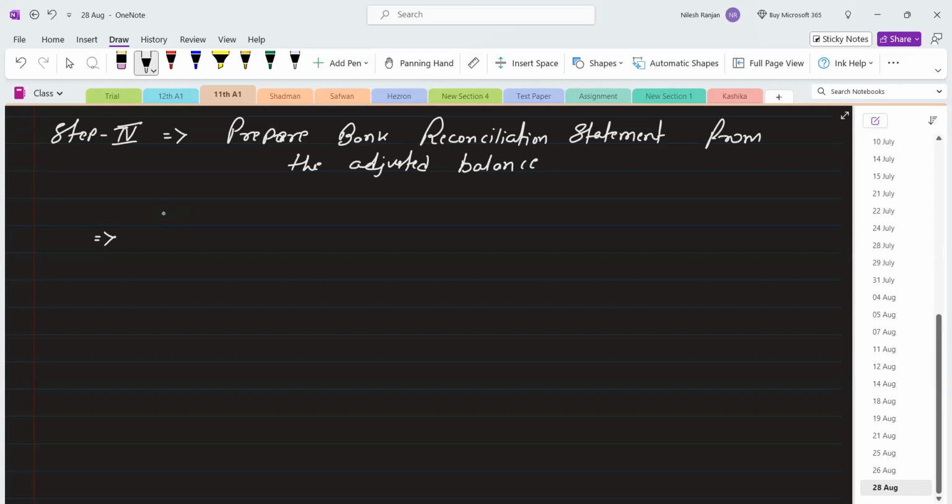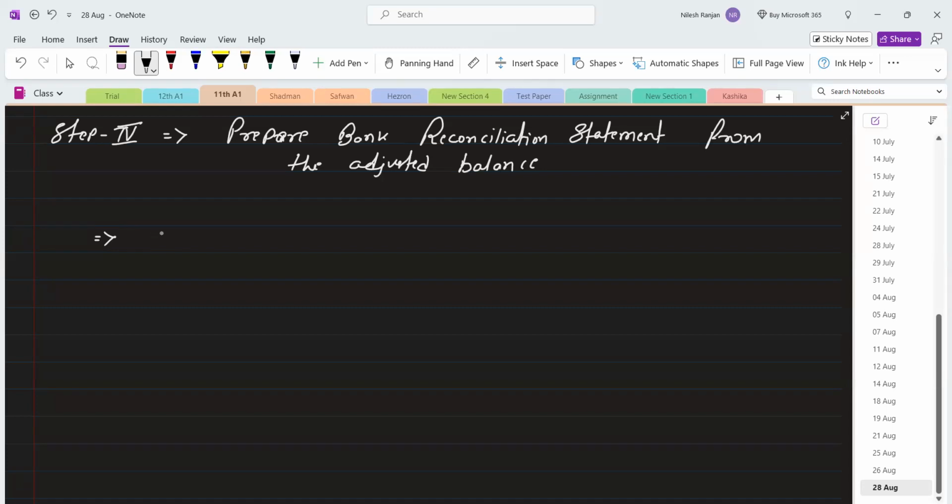Where should it go? In these two balances, where should it go? Check issued but not presented for payment.